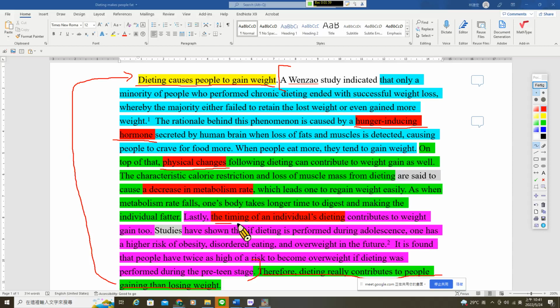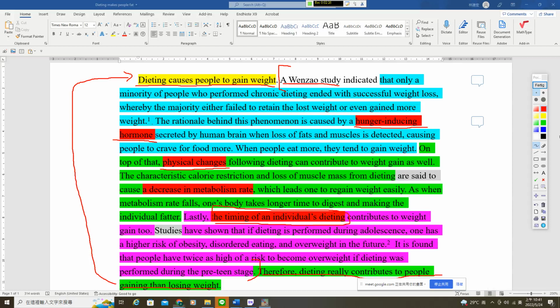And the last one is the timing of an individual's dieting. So basically, there are three different reasons for this one. A Wenzao study indicates that only a minority of people who performed chronological dieting ended with successful weight loss, whereby the majority either failed to retain the lost weight or even gained more weight.